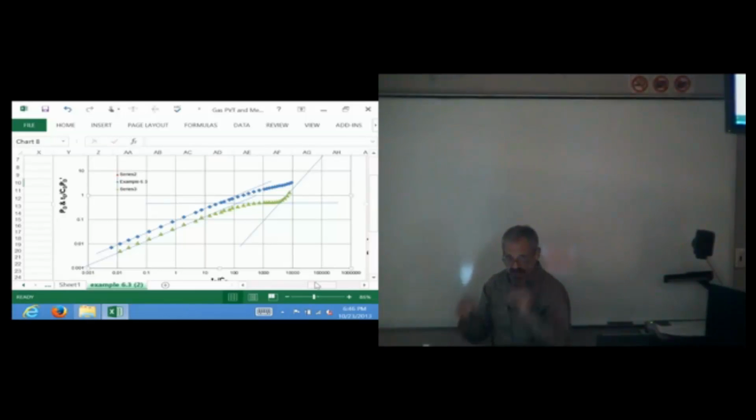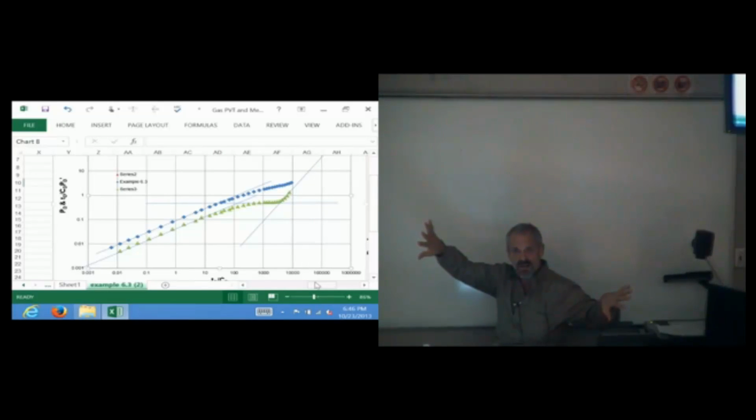And this brings us back to the point of why I don't like the term middle time region. Middle time region was invented before we fracked wells. And middle time region represented the time after wellbore storage but before boundary dominated data. Okay? Now, if you like middle time region, where's the middle time region here?